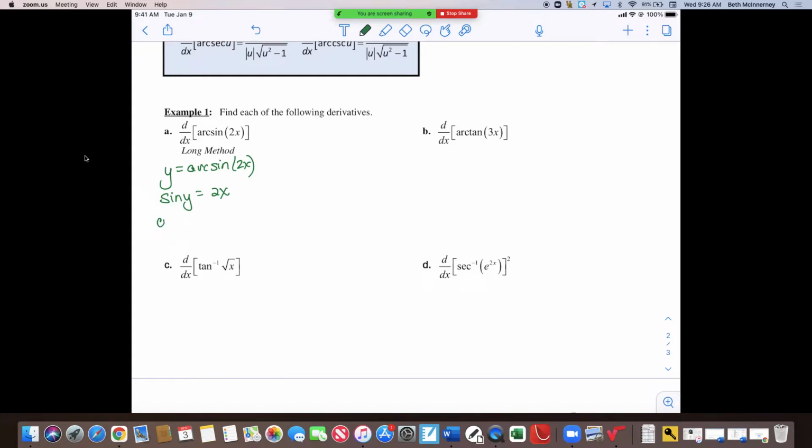So then I could do implicit differentiation. Then my angle is y, sine is 2x over 1, and that's the square root of 1 minus 2x squared.